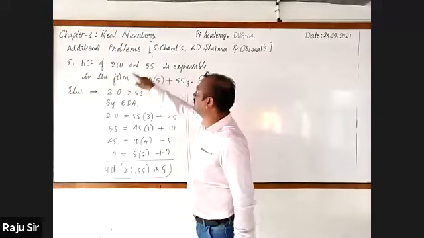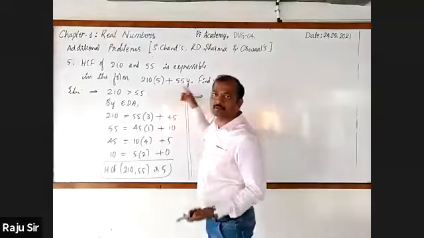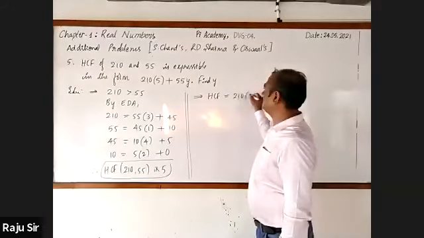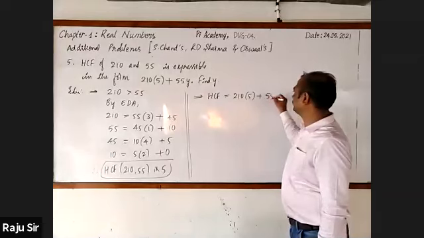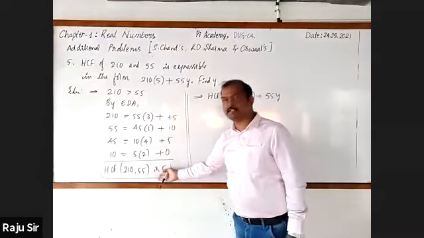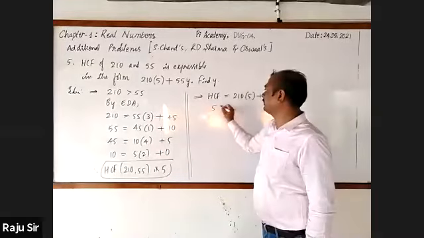It has been given that the HCF of these two numbers is expressible in this form. We can write HCF is equal to 210 into 5 plus 55y according to the given statement. We have found the HCF, which is 5.